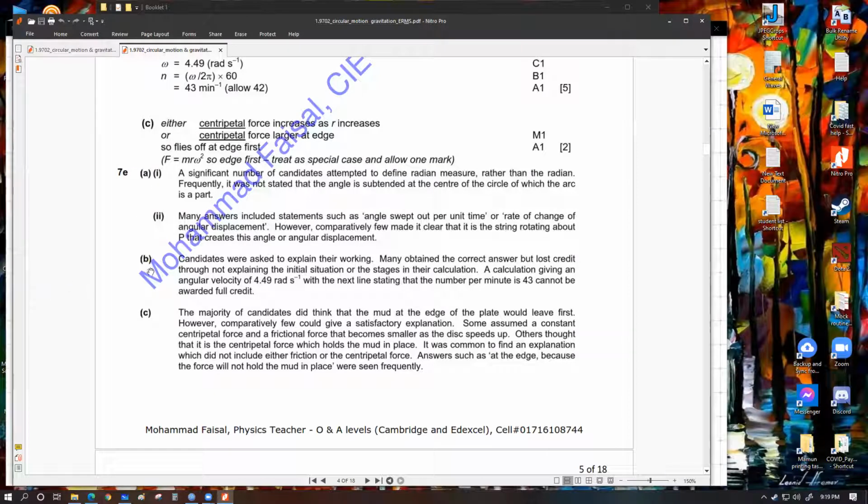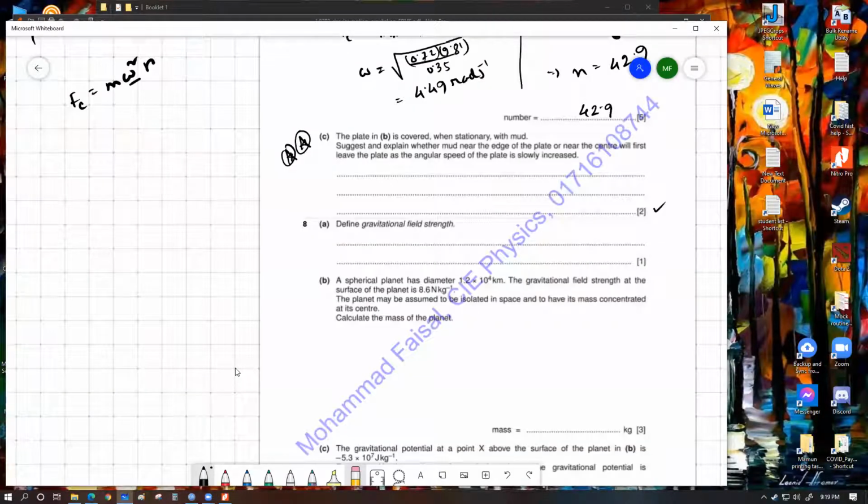So if I was answering this question, how would I write this? I might write this in this way, because I always prefer to write answers with equations. I'm going to write F equals m omega square r. So centripetal force is largest close to the border.